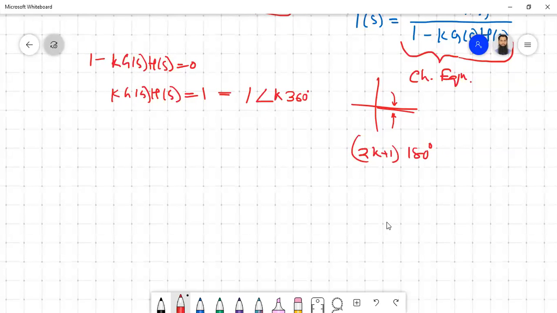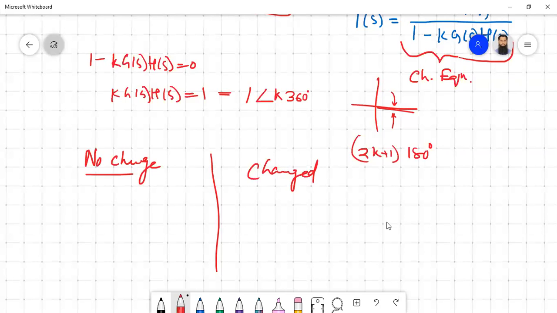We make two columns: rules with no change, and changed ones. Most of the rules will remain the same, except the rules that are related to the angle.